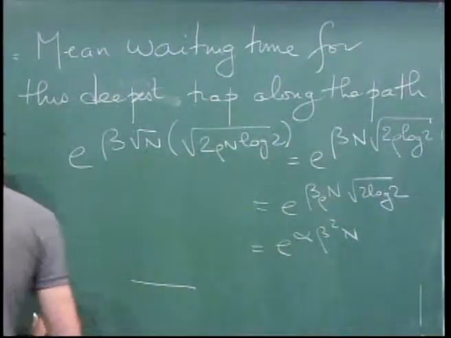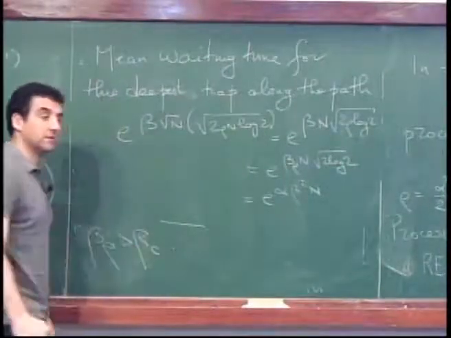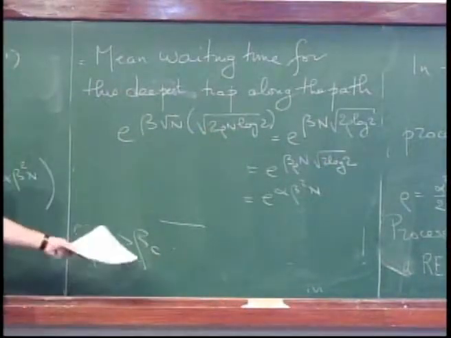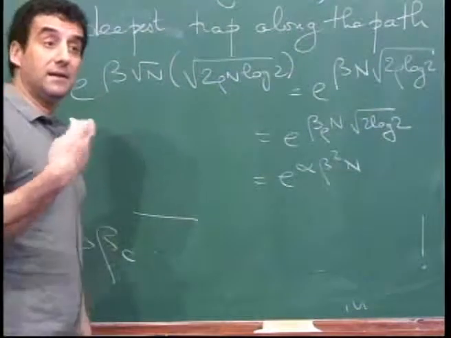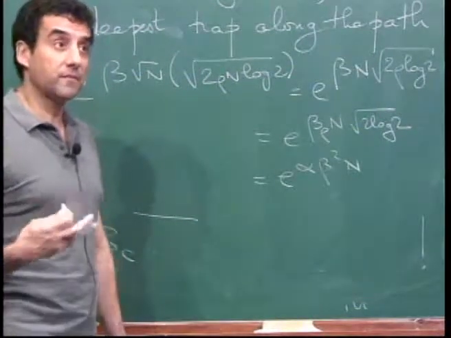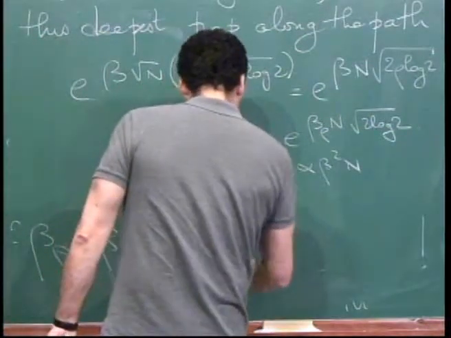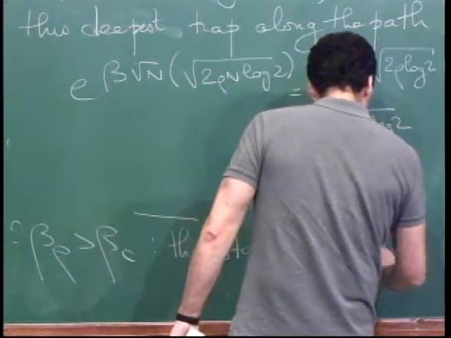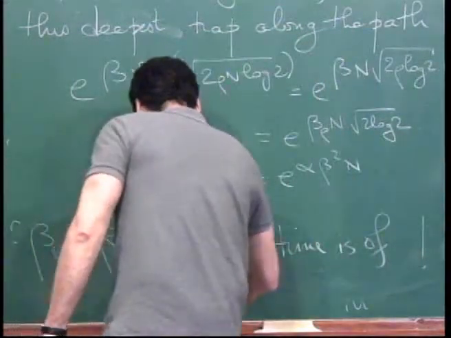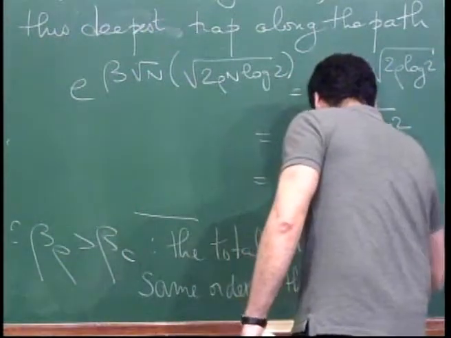The fact that we had beta rho, my effective temperature, larger than beta critical, and that's the condition on rho that is over there, means in fact that my alpha is smaller than 1, and means that the total time spent by the trajectory is of the same order as the largest one.